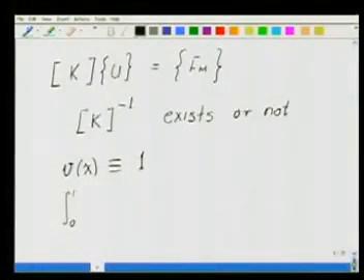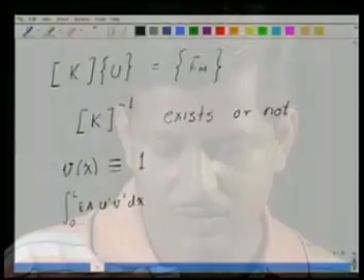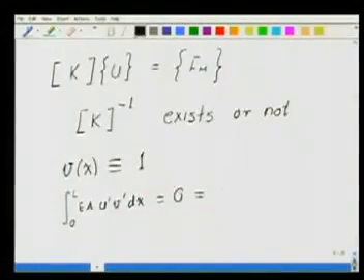Now if we put it back in our weak form, what do we get? The integral from 0 to L of EA u prime v prime dx becomes equal to 0, and the right hand side will be equal to the integral of f naught v, so it will be f0 L plus P minus Q. So what do we see?